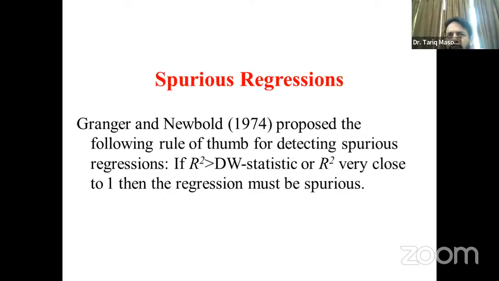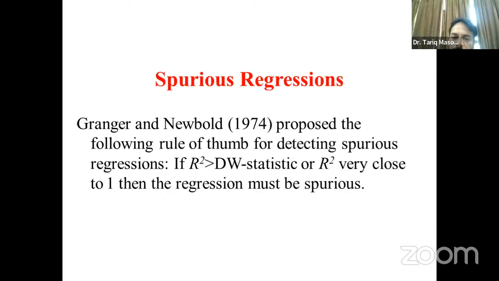So there is a need to know whether there is a unit root, and if there is, somehow we have to remove it. We have to use stationary data, because we cannot do regression analysis based upon non-stationary data.